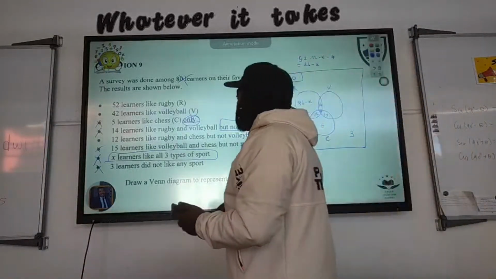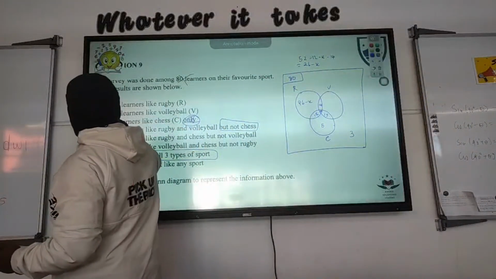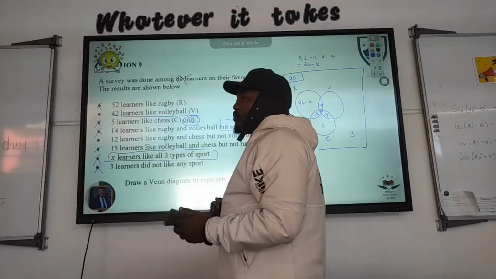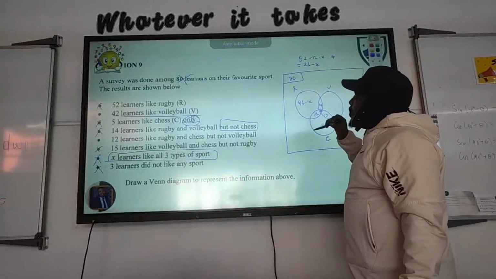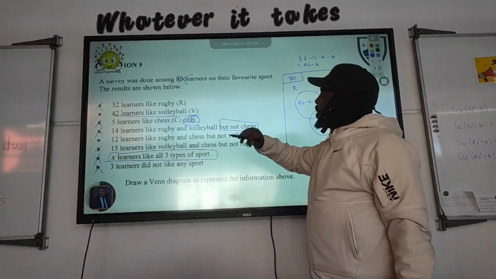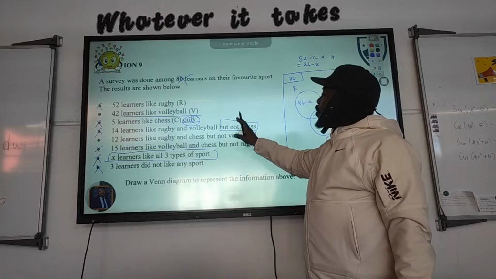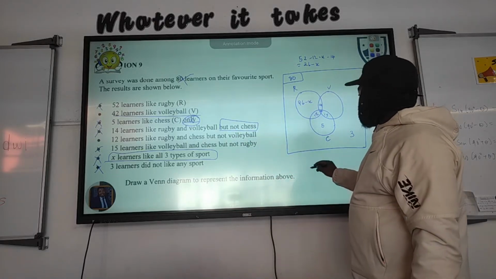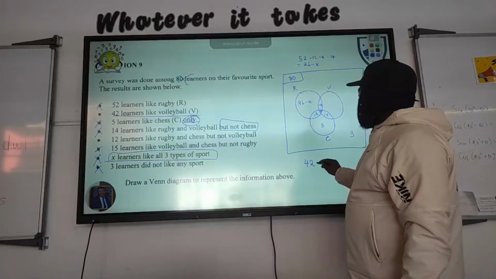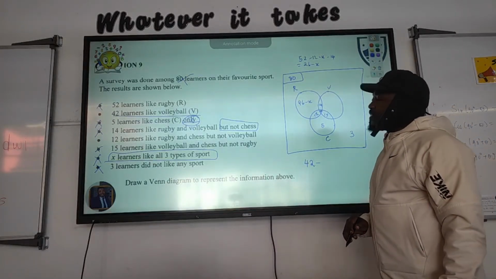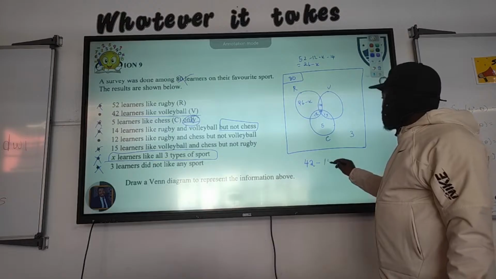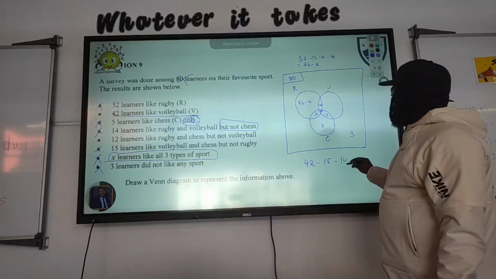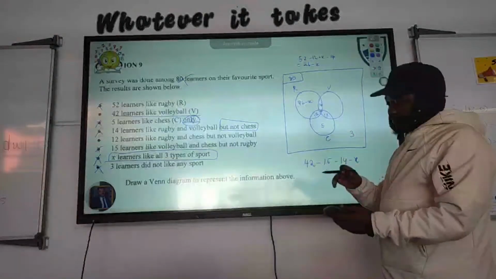And then what we are left with is 42. We have 42 learners who like volleyball. So we have 42 for volleyball, but there's no "only" there, and there's no "but not". So we are going to do the same thing. Say 42, and then subtract all the intersections. We have the first intersection as 15, and the other intersection as 14, then minus x.